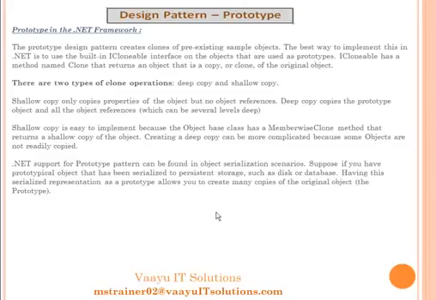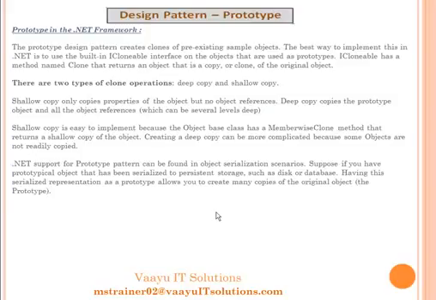So the prototype design pattern is used in .NET this way. One example is object serialization scenarios. Suppose you have a prototypical object that has been serialized to persistent storage, which can be disk or database.